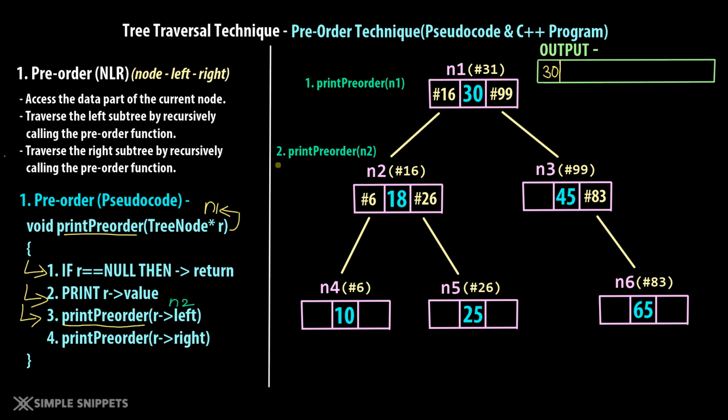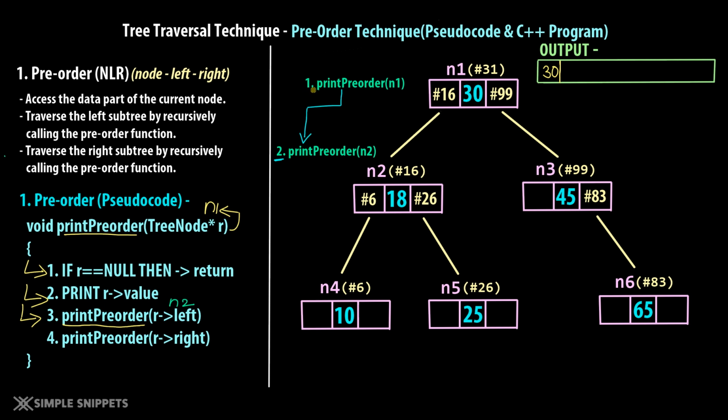Okay, so as you can see we have a second function call, which is our very first recursive call to the same function print PreOrder, but this time we are passing n2. Now the first print PreOrder gave a call to second print PreOrder over here at step 3. So what will happen to the first print PreOrder call?